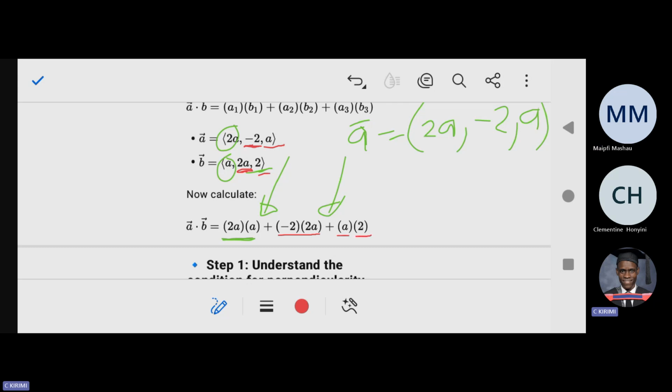You are taking the first component of A, you multiply with the first component for B. You take the Y component for A, you multiply with the Y component for B. You add the Z component for A, you multiply it with the Z component for B. So in that order. So now it's a matter of simplifying and seeing what we are going to get.